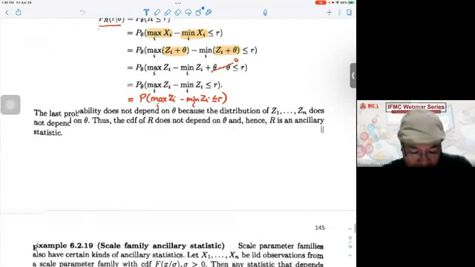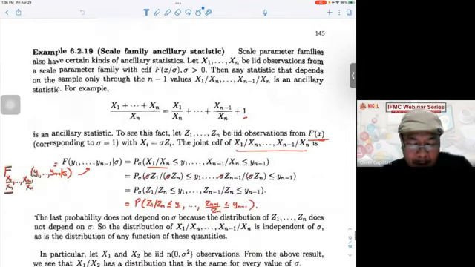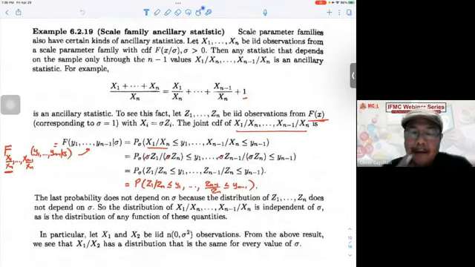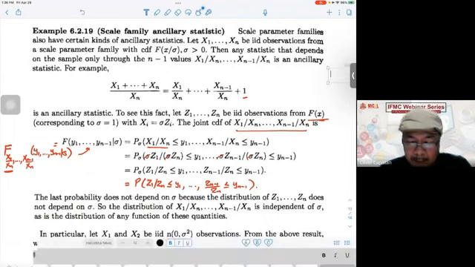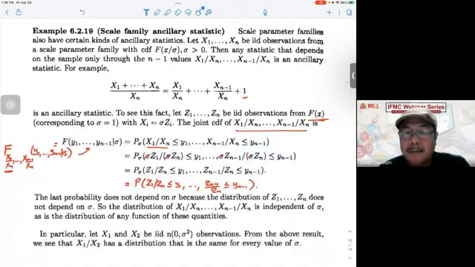And then on the next example, we have a random sample whose observations are coming from a scale parameter family. So we have this CDF, big F of x over sigma, where sigma is positive.